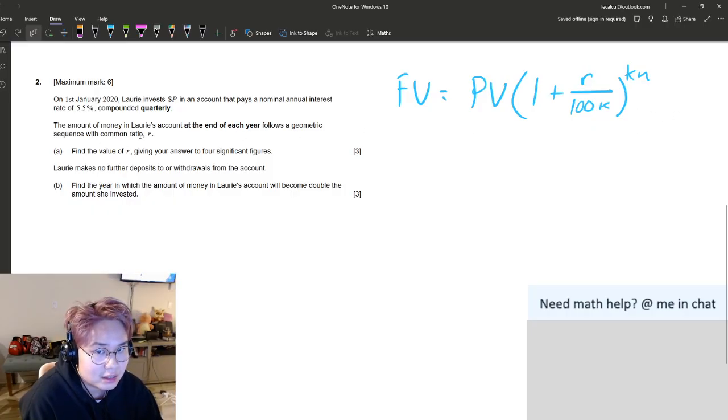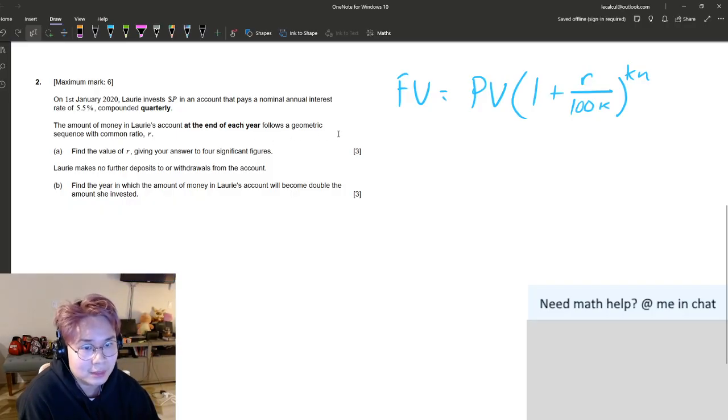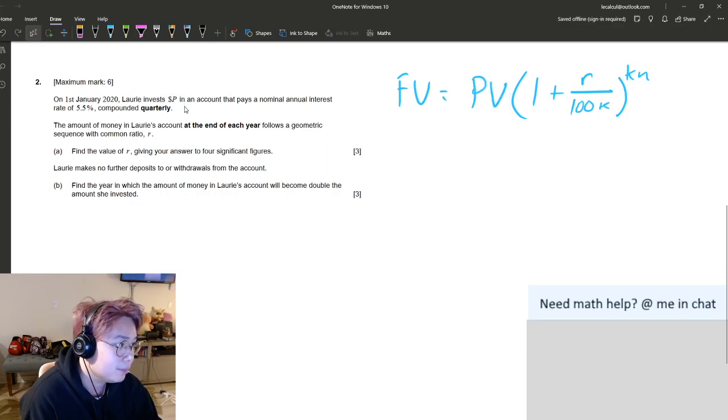Anyways, we want to find a common ratio given that her money at the end of each year follows a geometric sequence. So what we should do is we have our first year of money, which is P, and then we should find her second year of money, because then those are the first 2 terms of a geometric sequence. So let's see what we get. I'm going to call it year 2.